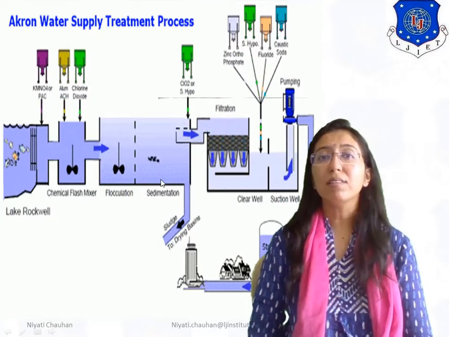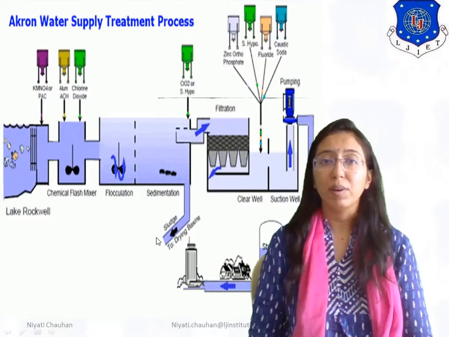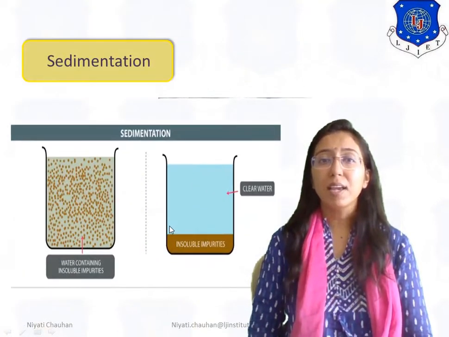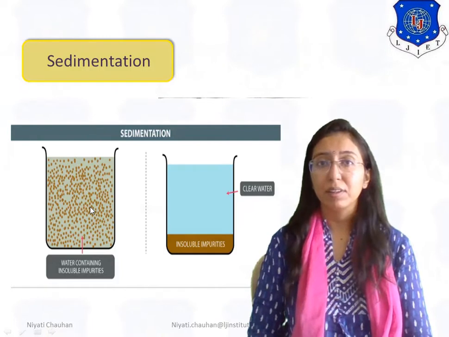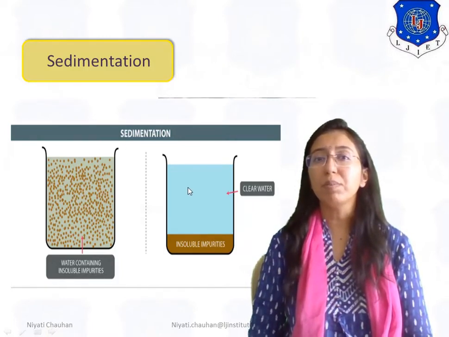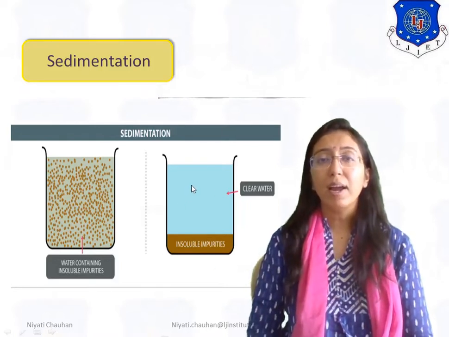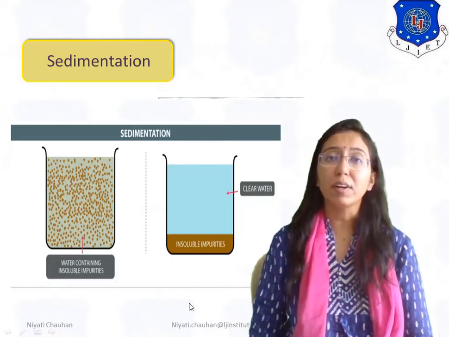In the sedimentation process, particles settle down at the bottom, right? So we can say that if impurities are randomly moving in water, after the sedimentation process we can purify the water, and impurities settle down at the bottom.